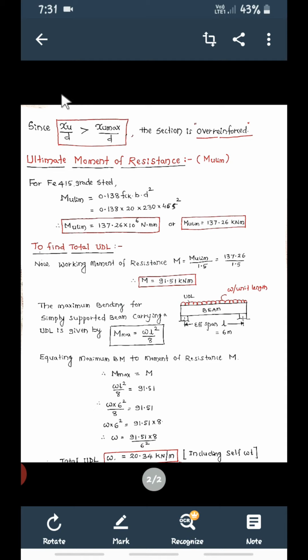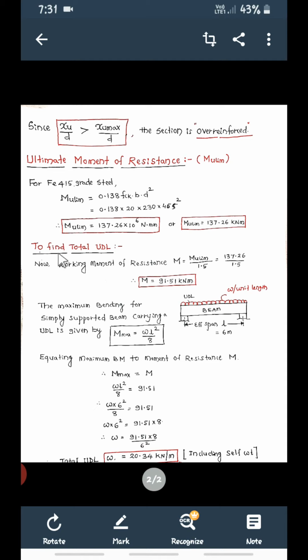So this is the ultimate moment of resistance, meaning the beam is going to resist how much moment? 137.26 kilonewton meter. This is the moment of resistance given by the beam.